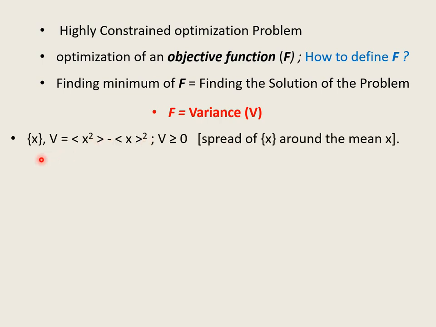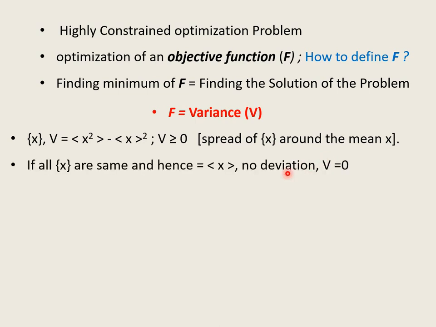Suppose a set of values x1, x2, dot dot dot, xn. Then variance is the square average of those values minus the average square of those values. It can be shown that in this way V is greater than or equal to 0, and physically it represents the spread of x, the distribution of x values around the mean x value, right?